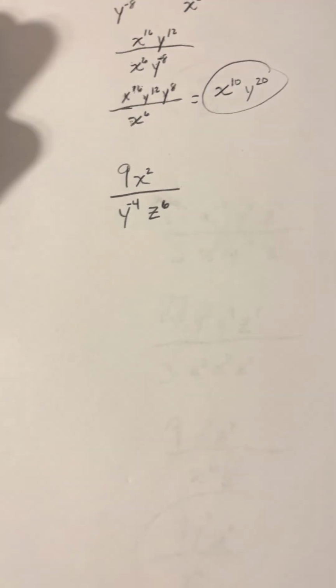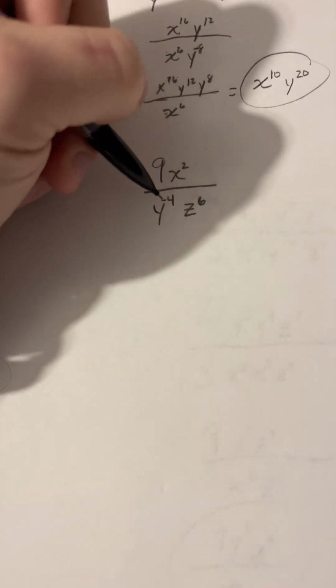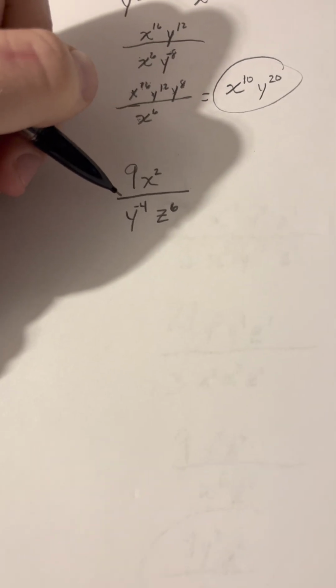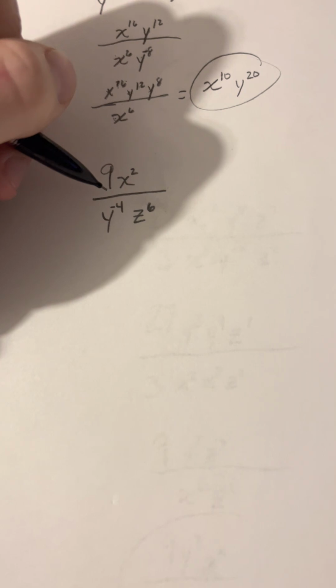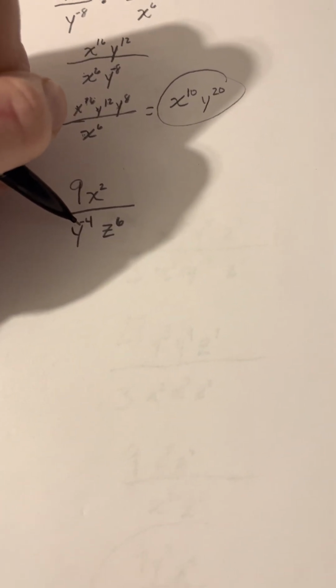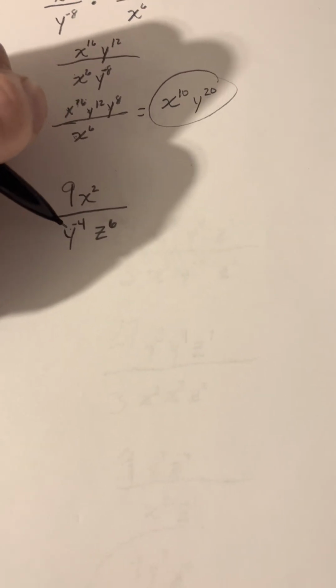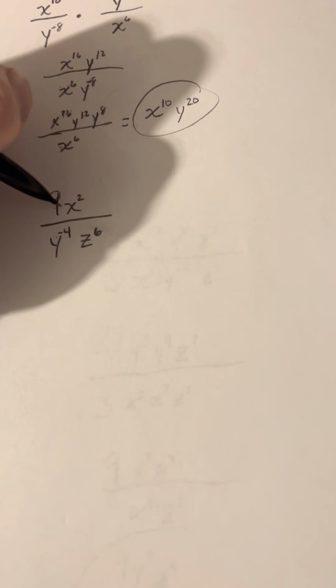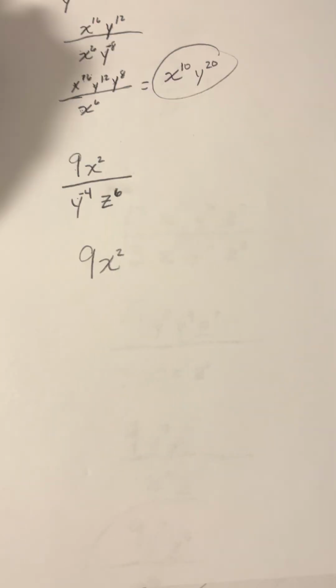All right, so last one here, same thing. We don't want a fraction. So the way to get rid of a fraction is you just move anything in the denominator to the numerator. That should be pretty simple. And like I've said multiple times, anytime you move something from one side to the other, it just changes the sign. So we're going to leave 9x squared, because we want that on top. It's already there, we leave it there.